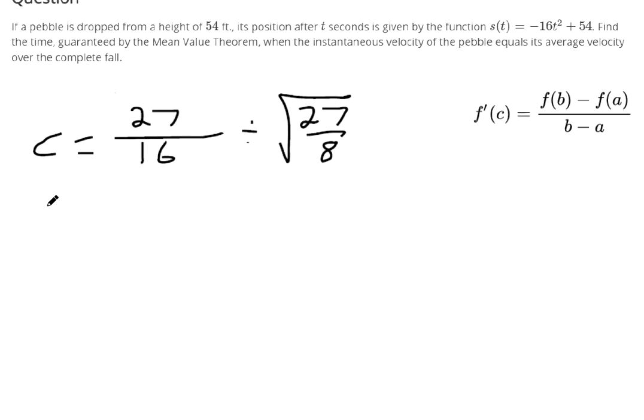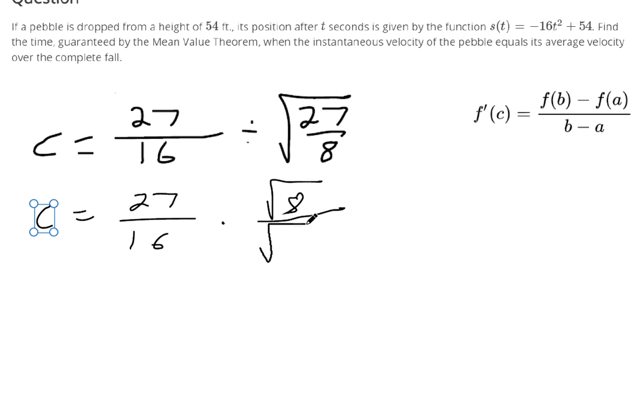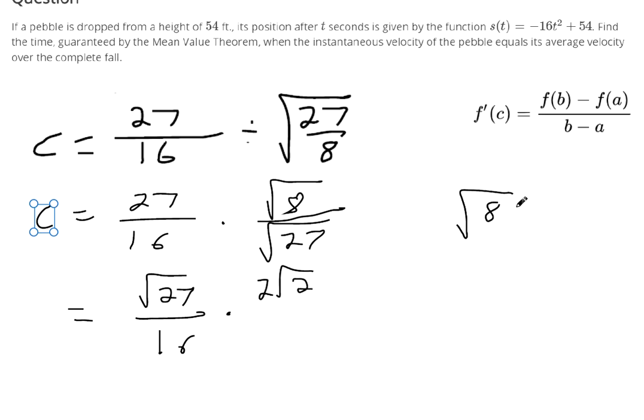Okay, so we flip and multiply, so that's 27 over 16 times the square root of 8, just breaking up the square root. So you've got 27 to the first power over 27 to the 1/2 power. That leaves you with the square root of 27 in the numerator. And then what could we do with the square root of 8? We can simplify it. That's 2 square roots of 2. In case you're wondering where that came from, the square root of 8 is the same thing as the square root of 4 times the square root of 2, so that gives us 2 square roots of 2.